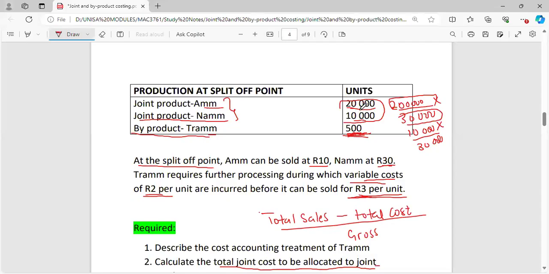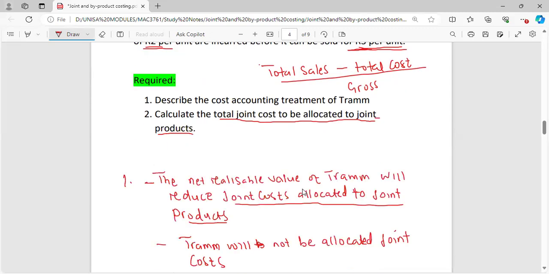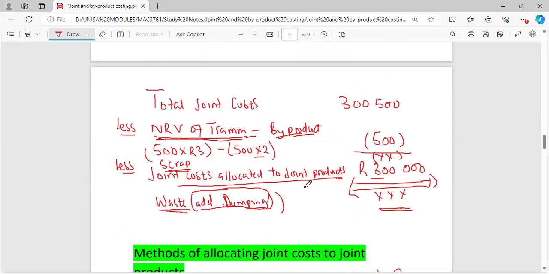Yes. So we want to use the physical measures. If we are using the physical measures, we come here, and these are the physical measures. Remember, the physical measures are the quantities. We have 20,000 and 10,000. Then we come to our joint cost. You no longer allocate these ones; you allocate the one that you have calculated.